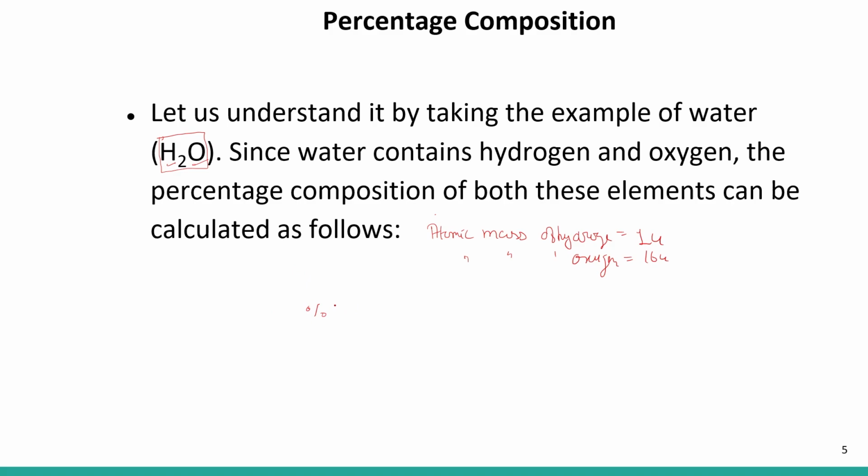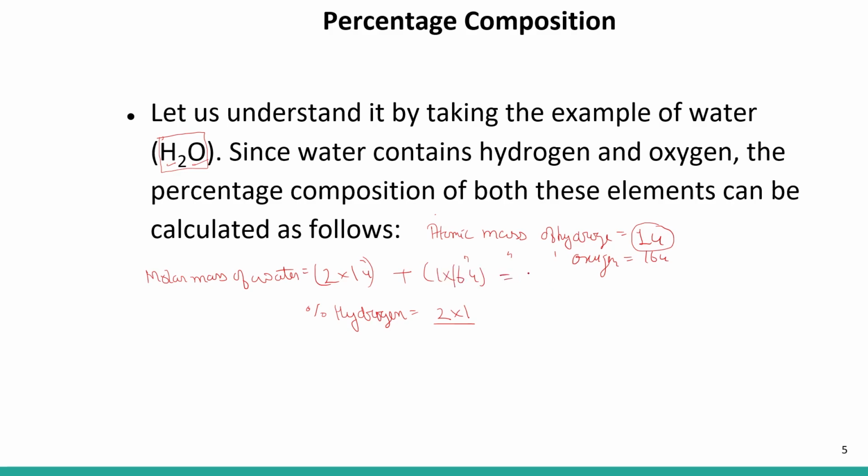What is the formula for percentage composition of an element? It is the mass of that element present in 1 mole of that compound. This is the mass of 1 hydrogen atom. There are 2 hydrogen atoms, so we multiply by 2, divided by the total molar mass. First we have to calculate the molar mass. The molar mass of water is equal to 2 into 1 atomic mass unit of hydrogen plus 1 into 16 atomic mass unit of oxygen.